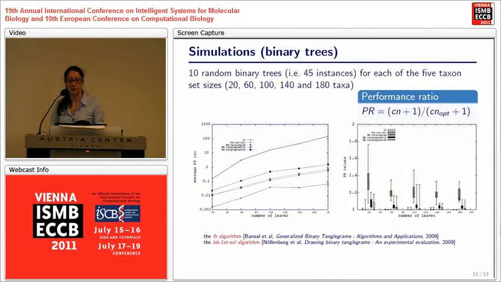So we also did the simulation. We did it for binary trees because there is lots of software that works for binary trees, and it's working pretty well. So this is the two methods, and this is our method, because we can also improve our method. I show you an example in which we are not really good, but this is because here the crossing number is 0.